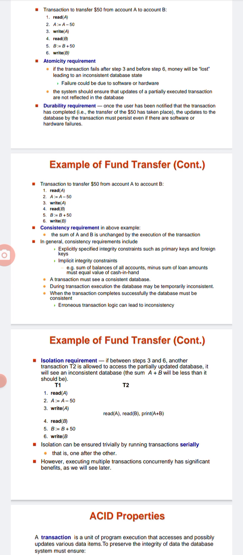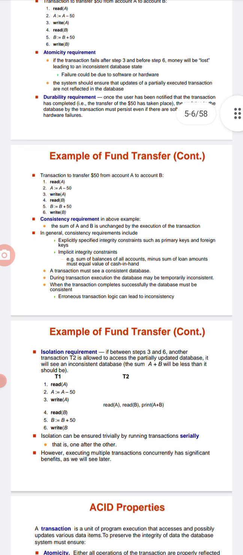T1 is read A, second instruction is A equals A minus 50, third is write A, fourth is read B, fifth is B plus 50, and sixth one is write B. T2 is read A, read B, print A plus B. Clear? We get the sum A plus B. It must be less than with T1. Isolation can be ensured trivially by running transactions serially, that is, one after the other.